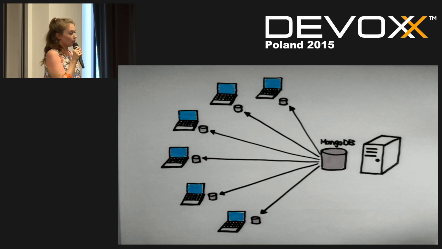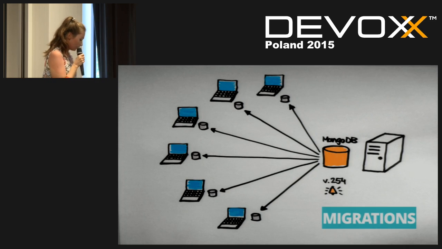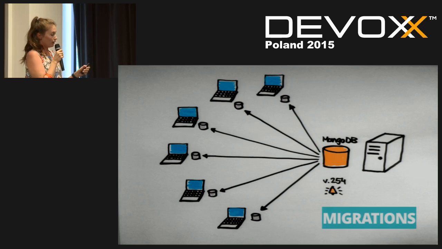So for that, we used Nashorn. You maybe know it. It's the re-implementation of Rhino, and that's a Java engine that lets you execute JavaScript. So that's how we shared that piece of business logic. Once you want to do a migration, we start a Spring context that goes through all the data in the MongoDB and migrates it.